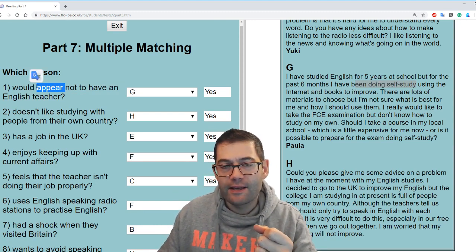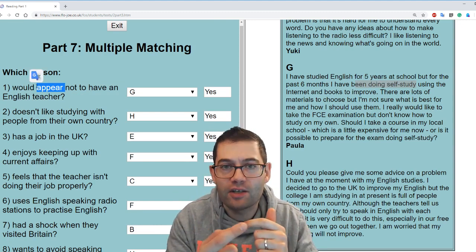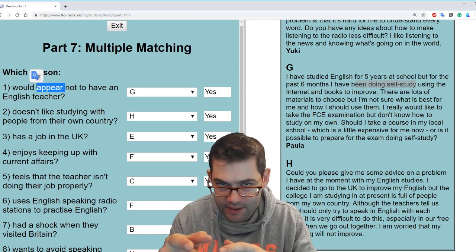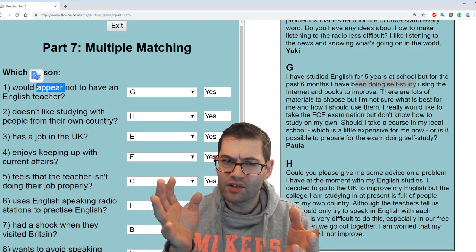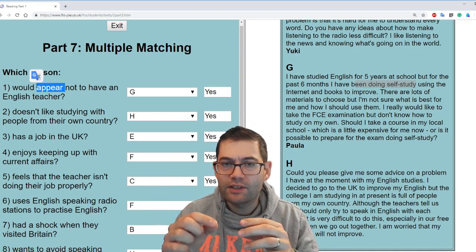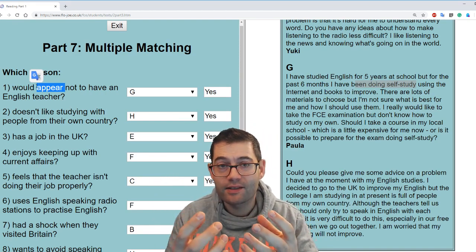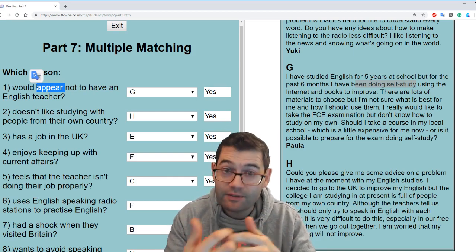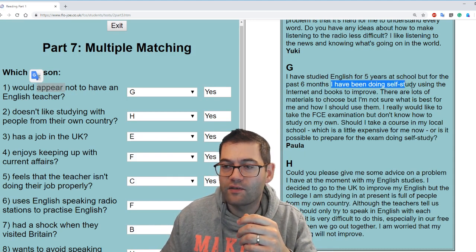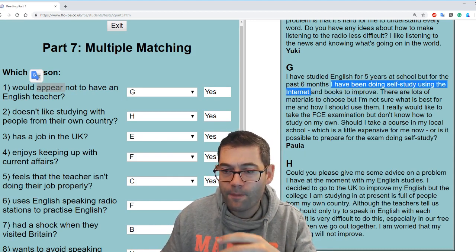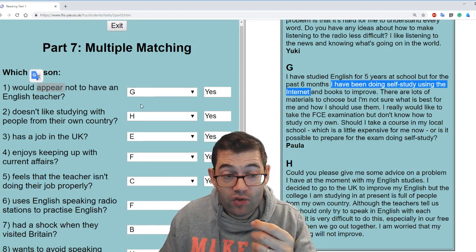It's not that this person doesn't have an English teacher, because in a few of the texts, for example the au pair, there's no mention of an English teacher. So we've got to look for language which suggests the person is learning English without the help of a teacher. And that's exactly what we get with G: I've been self-studying using the internet and books to improve. So that's why the answer is G.